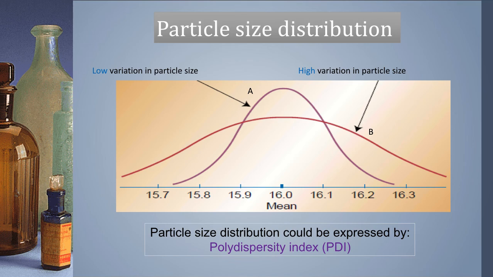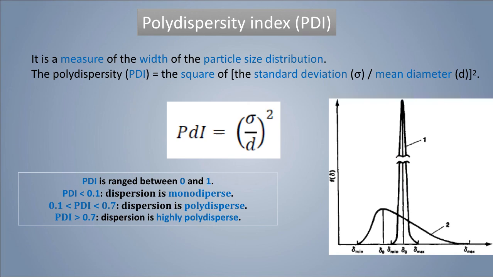So we need something to express the variation in particle size. What we have here in this chapter is the polydispersity index. Polydispersity index is a number ranging between 0 and 1. If the polydispersity index is less than 0.1, it means that your dispersion or nanosuspension is monodisperse. Monodisperse means that all the particles have the same size without any variation, which is ideal. But if your PDI is more than 0.7, it means that your nanosuspension is highly polydispersed.